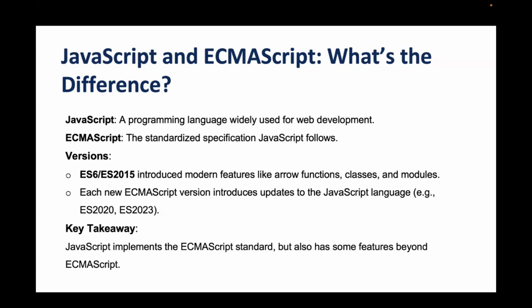JavaScript itself is a programming language. I need you guys to understand this clearly. JavaScript itself is a programming language, and ECMAScript is a standardized specification. In other words, these are just certain standards set to work with the programming language, right?